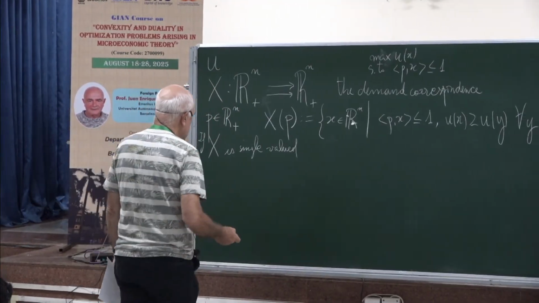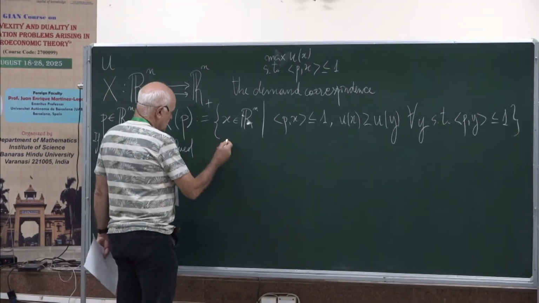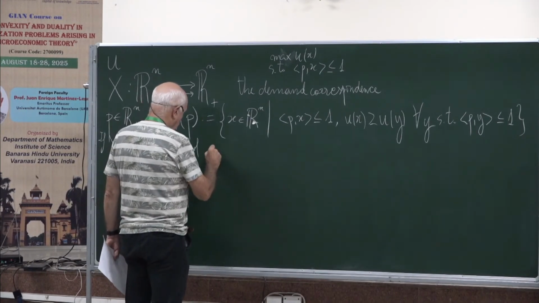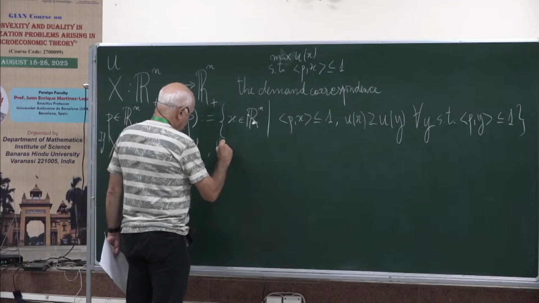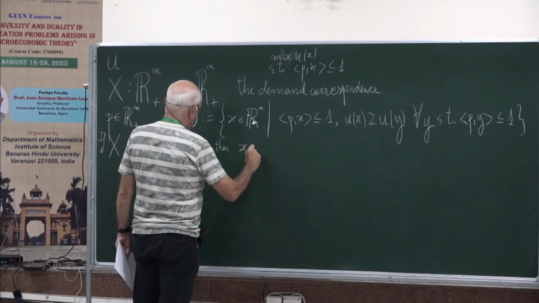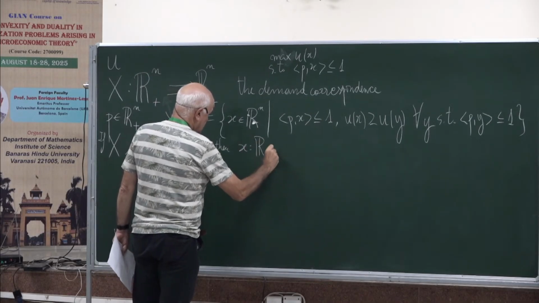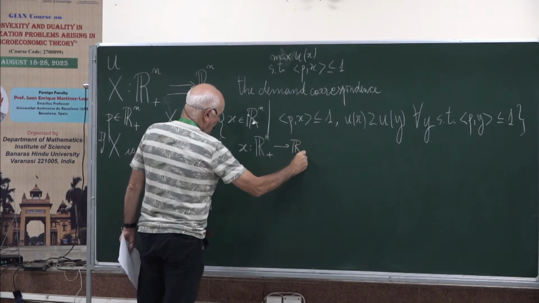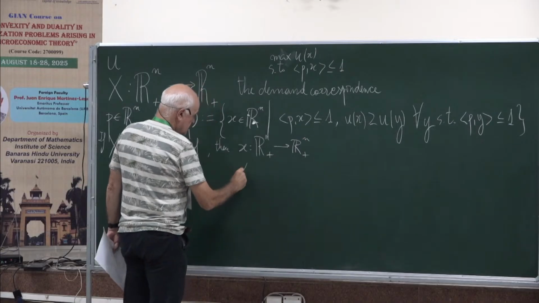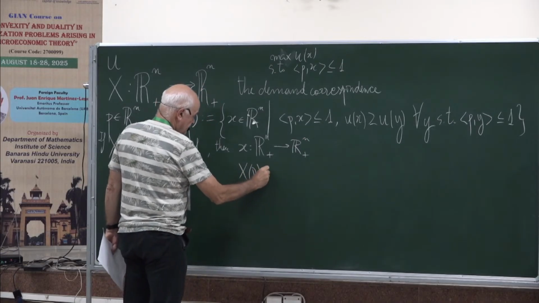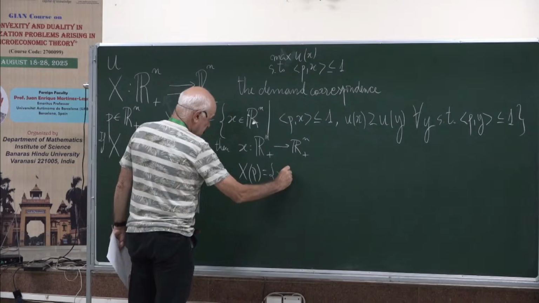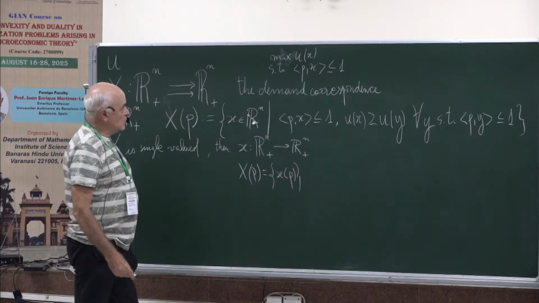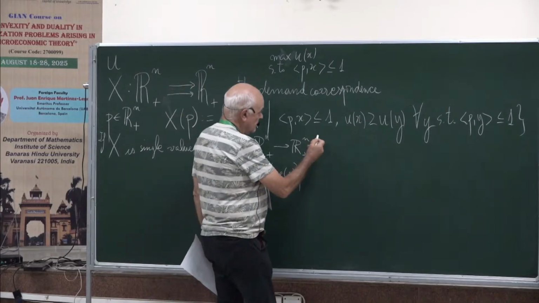In some cases, it can be proved that it is single valued. Then we have not a set valued mapping, but a function, such that X of P is the singleton of little x of P. And then we say that we have a demand function.